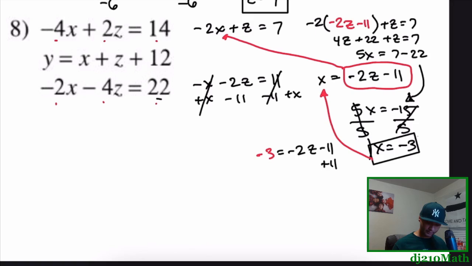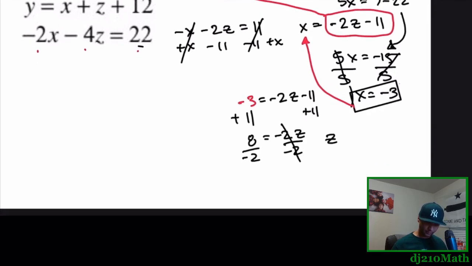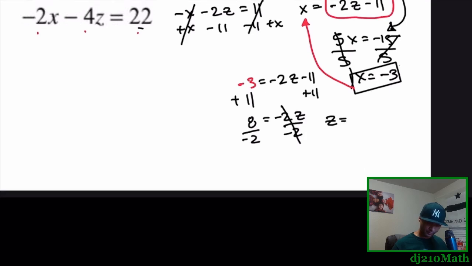Wait, so x is equal to negative 2z minus 11: negative 3 is x. So add 11: 11 take away 3, 8 equals negative 2z. Negative 2, negative 2. z is equal to negative 4.